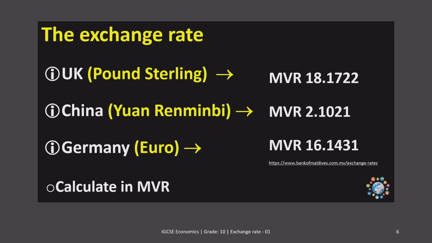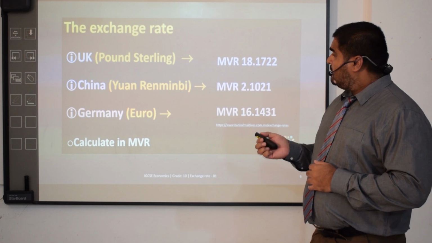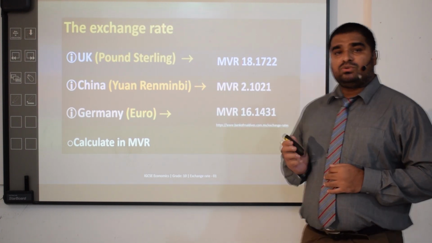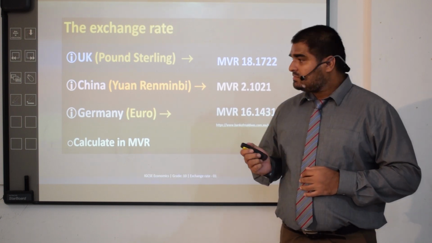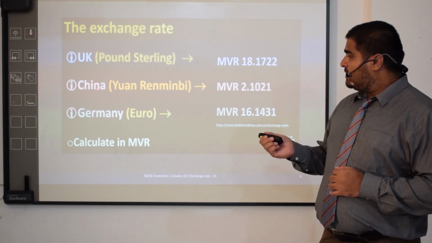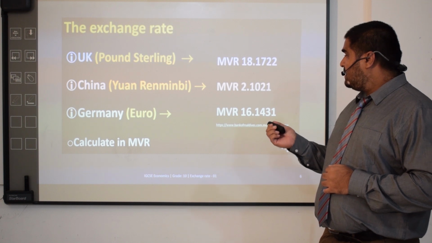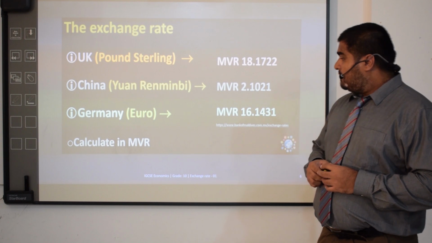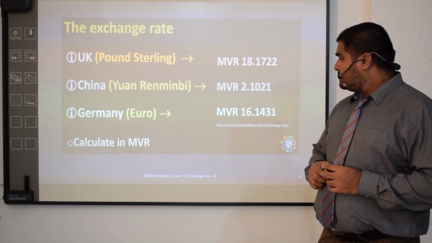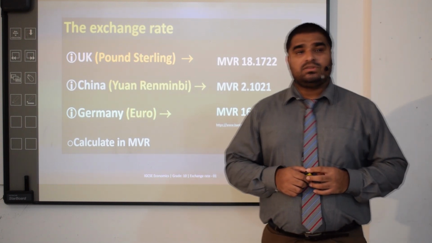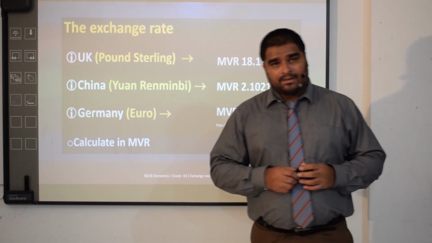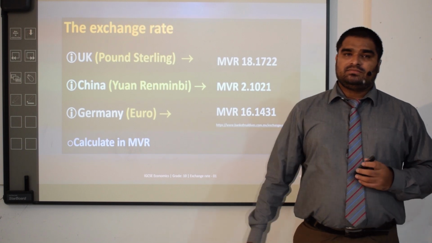And when I check, it states that 1 UK pound is equal to 18.1722 rufiyaa, 1 Chinese yuan renminbi is equal to 2.1021, and 1 euro is equal to 16.1431.